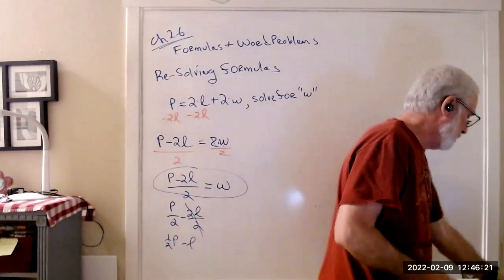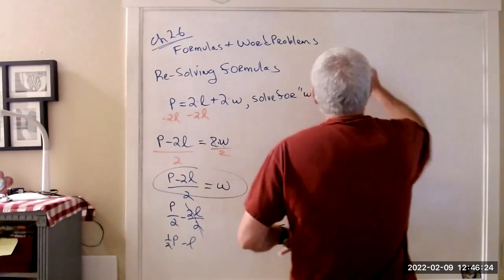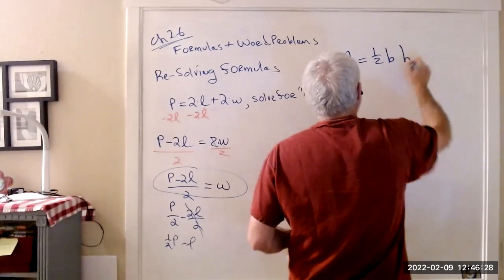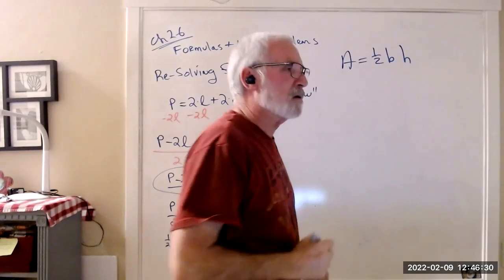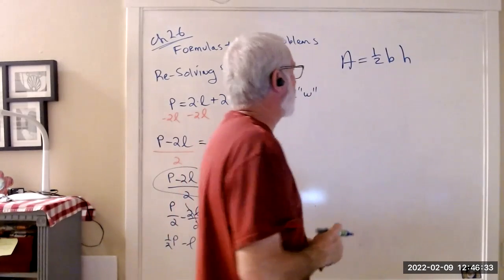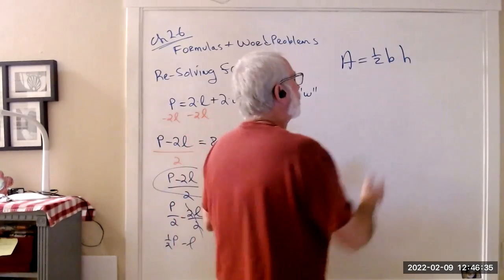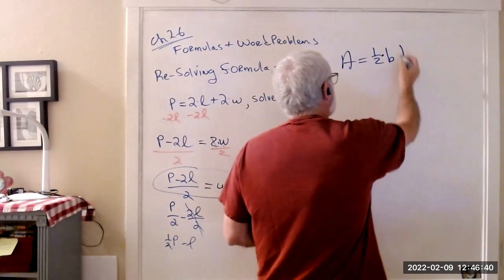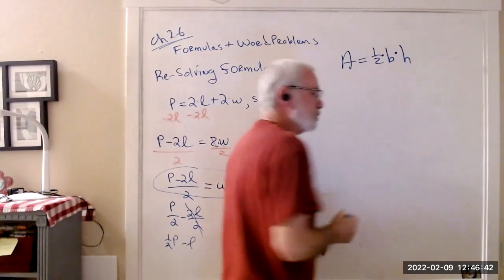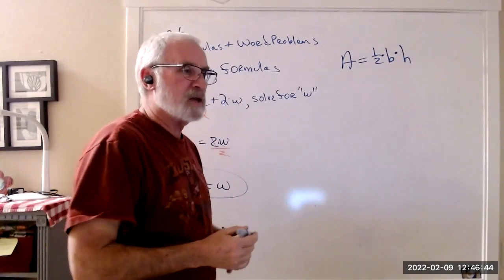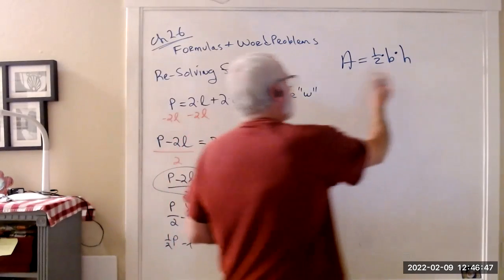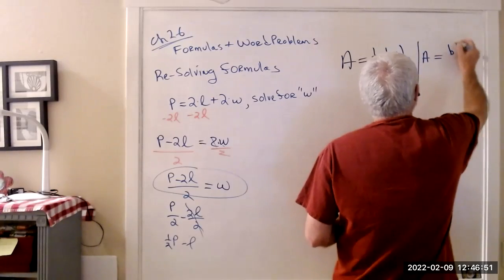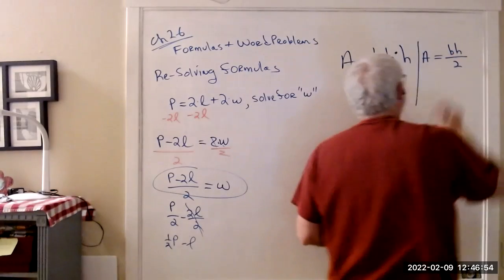Let's take another problem. A equals 1/2 BH. That's the area of a triangle. When we say 1/2 BH, we mean 1/2 times B times H. This formula could also be written as A equals BH all divided by 2.